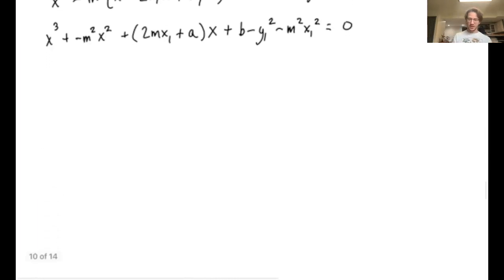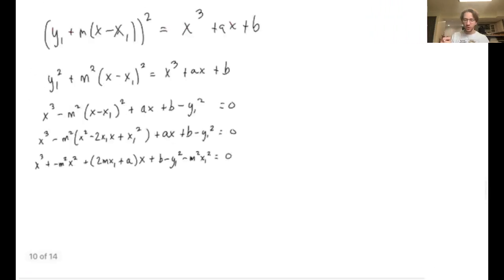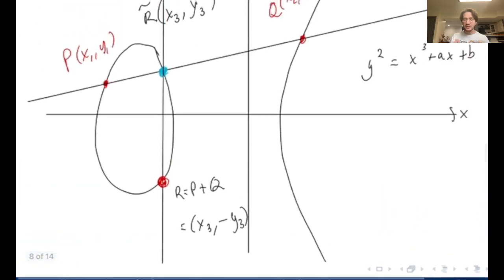All right. At this point, you might say, this is very gross. But something to remember is think about what we did with the circle. I want to solve this equation. I can solve it if I can factor the left-hand side completely. And you might say, no way I can factor that thing. But remember, we already know 2 x's that satisfy this, right? Because x1 and x2 were x coordinates for points that live on the ellipse.